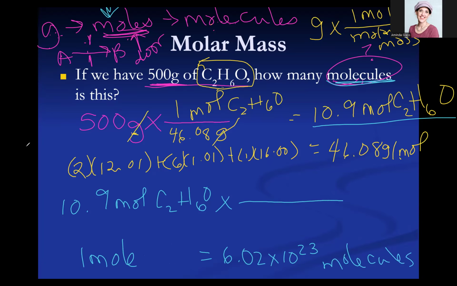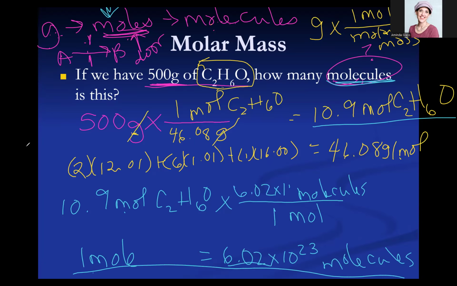What do I want to turn it into? I want to turn it into molecules. So molecules go here on top. What do I want to cancel out? I want to cancel out my moles. So moles go on the bottom. I know 1 mole is equal to 6.02 times 10 to the 23rd. My moles cancel out.